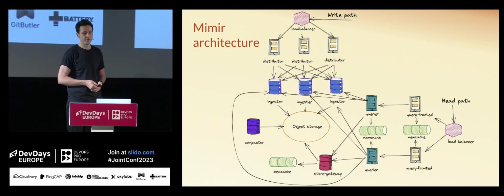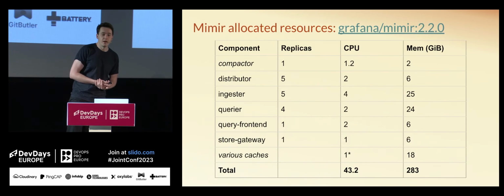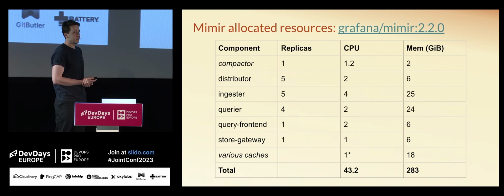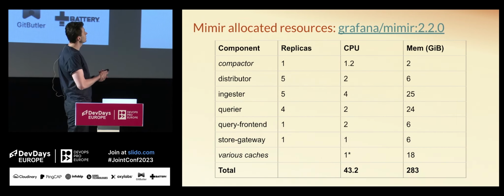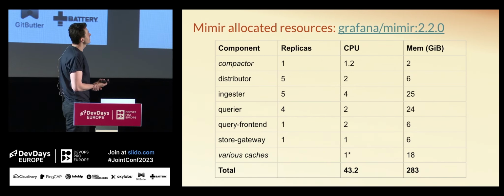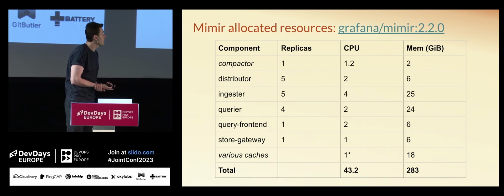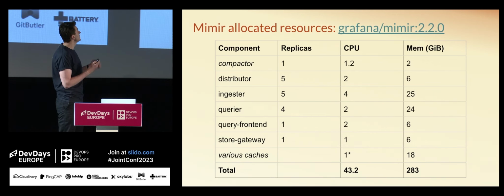So that's Mimir architecture. And this is how we allocated resources for this architecture. So most of the resources we allocated to ingesters. So it was 5 replicas, each with 4 CPU, 25 gigs of memory, and distributors also, distributors which are managing writes between ingesters.